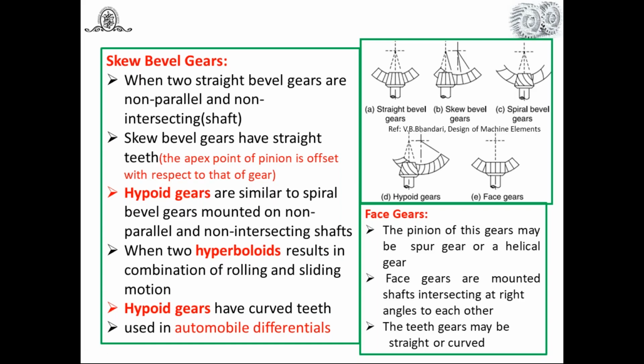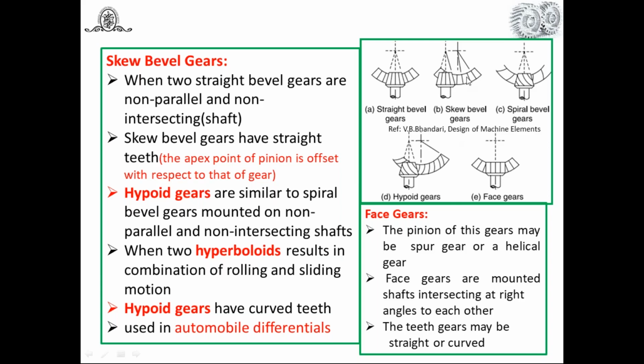What I am telling, in a skew bevel gear, where two straight bevel gears are connected, the axis of the bevel pinion and the axis of the straight bevel gear are non-parallel and non-intersecting, or you can say the bevel pinion and straight bevel gear are mounted on shafts, and these shafts are non-parallel and non-intersecting. So you can see it's a skew bevel gear.